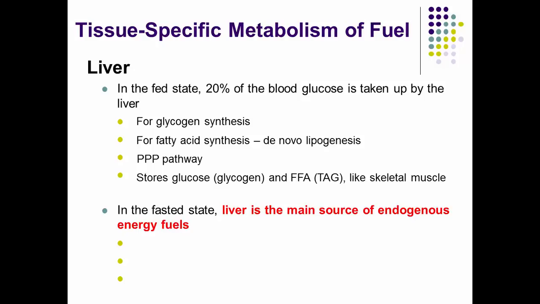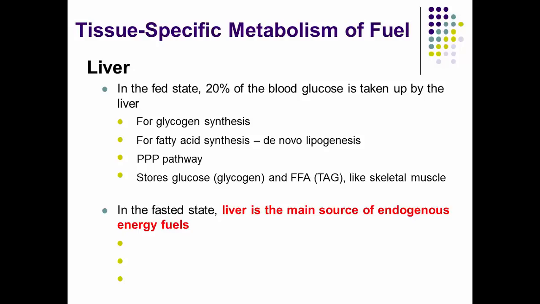Because of some metabolic dysregulation, either too much triglyceride is made or triglyceride cannot be exported from the liver. Remember this fatty liver disease. But under normal conditions, we don't expect a lot of triglyceride stored in the liver.